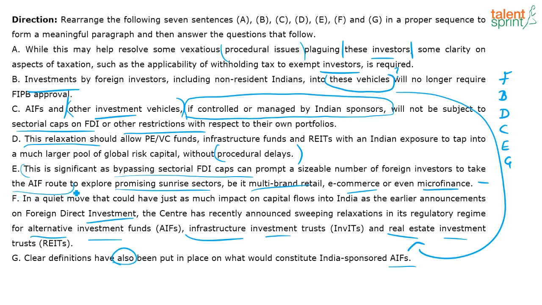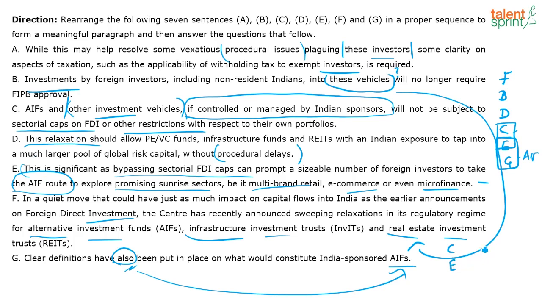So in the AIF route, not only are these sectors going to be explored, but also what else is happening around AIFs is mentioned in G, right? In terms of repeat words and phrases, the definite links are EG, where your clue is AIF, and the definite link between C and E. These two are definite links. CE, because I have sectorial caps on FDI, which is the repeated phrase. So I'm just going to put the links here.